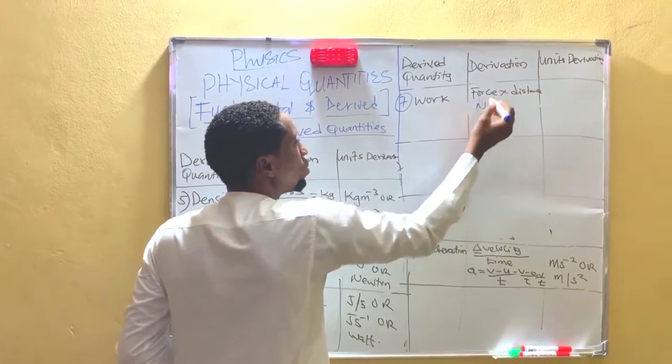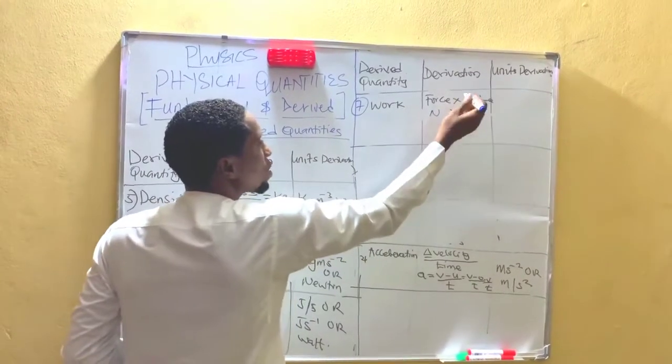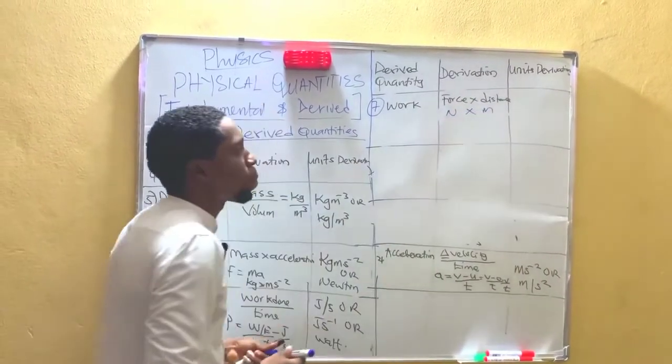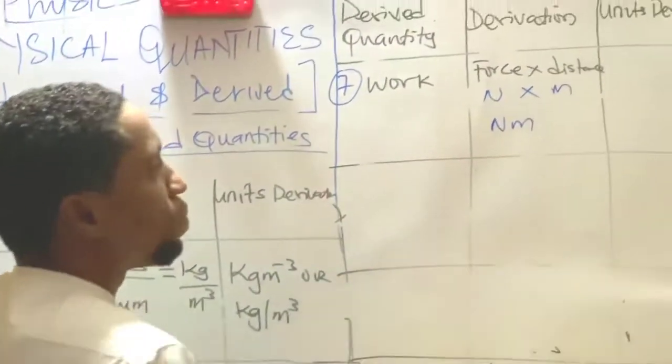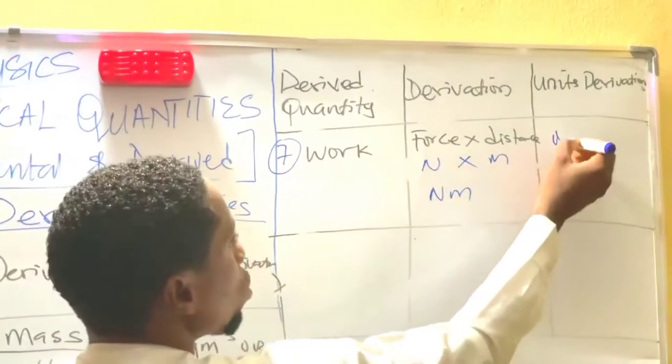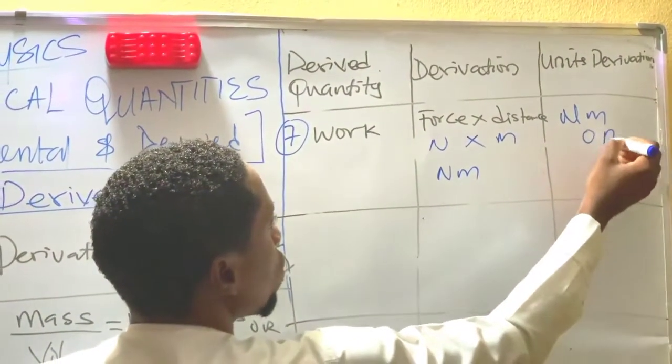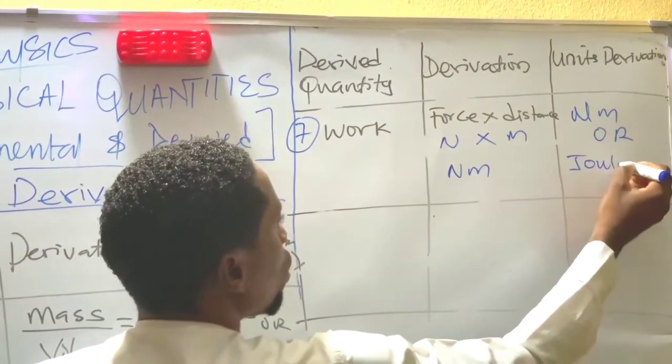Force is measured in Newton. Distance is measured in meter. So the SI unit of work is Newton meter. Or work can be measured in joules.